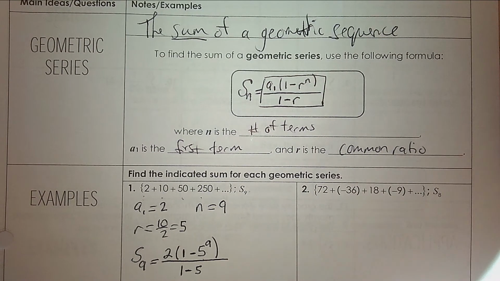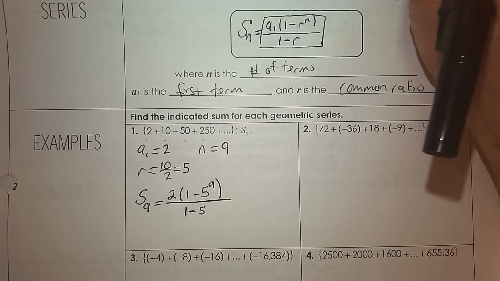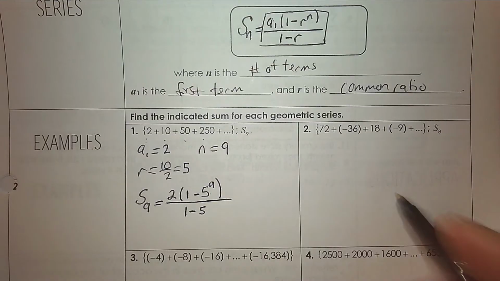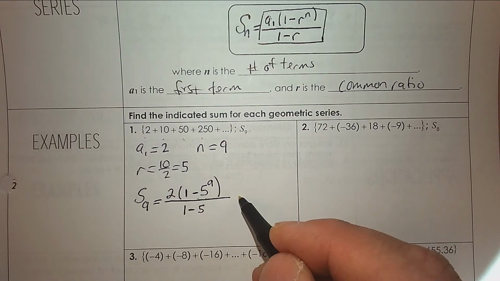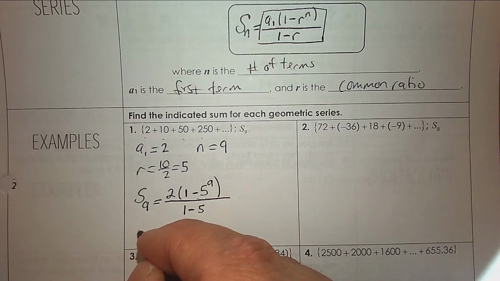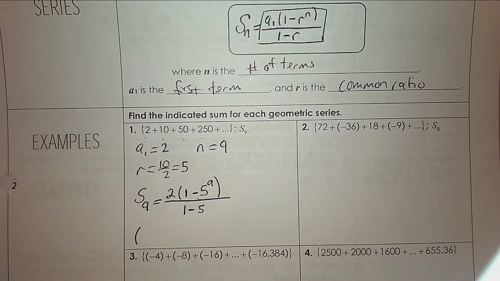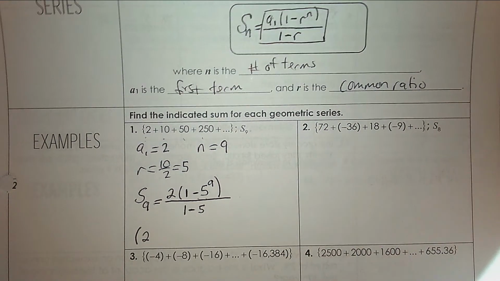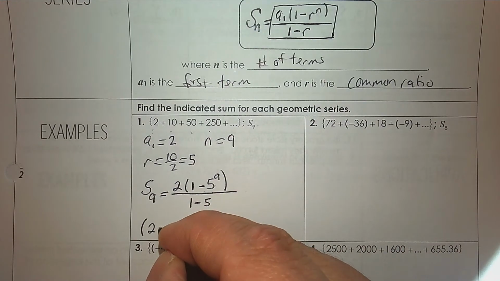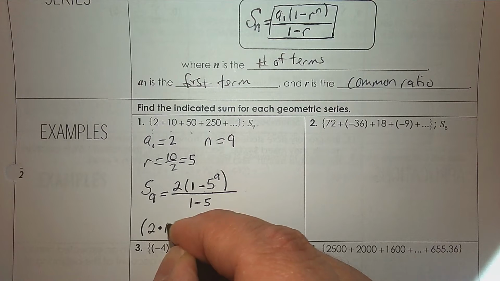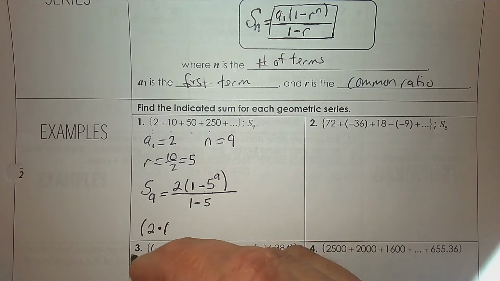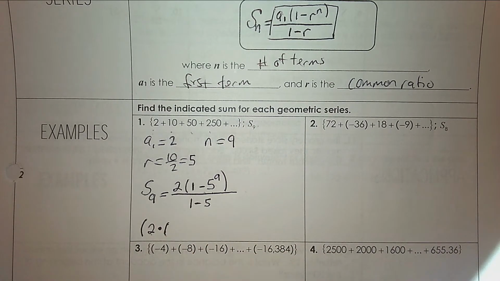I'm going to help you through that. First of all, because we have a numerator and denominator, we're going to start with a parentheses. And then you're going to put in 2. And then multiplying, and then another parentheses, because the calculator doesn't like it when there's a number and a parentheses beside each other.